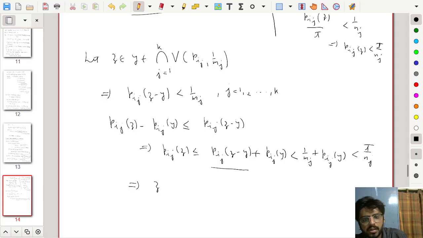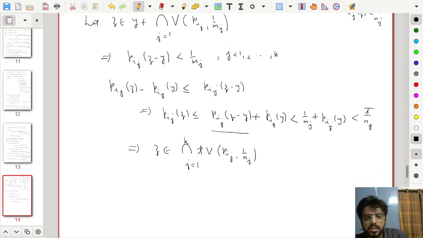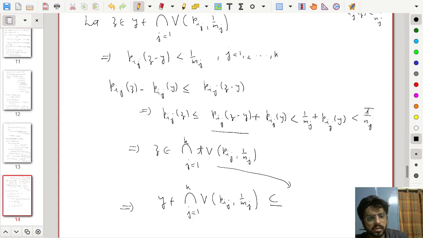This means that z belongs to the intersection of t times V(p_ij, 1/n_j), j varying from 1 to k. This implies this neighborhood of y is a subset of this set.